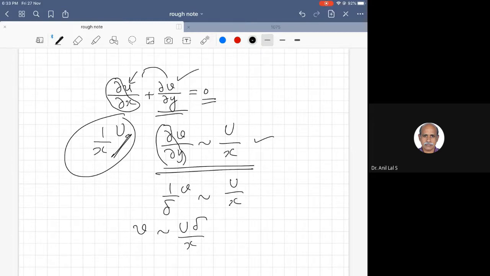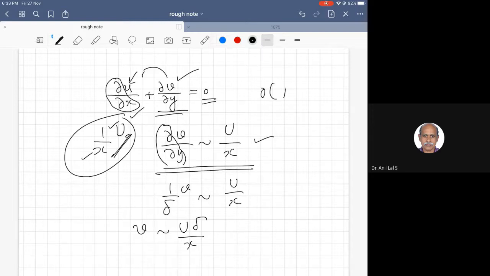The term is of the order U by x, where U is high and x is also high. It is an order of a ratio of a higher value term to a higher value term, that is of the order of 1 or something like that.